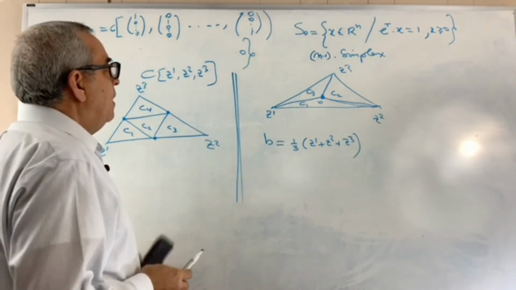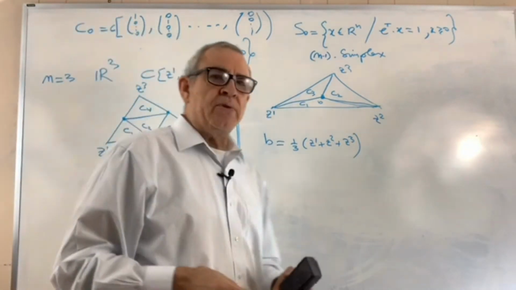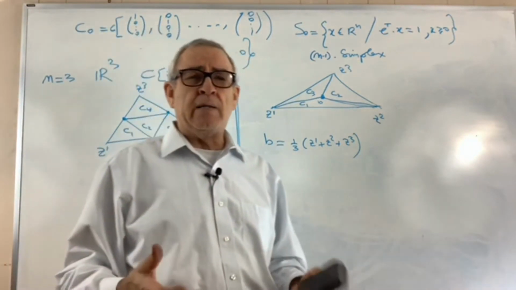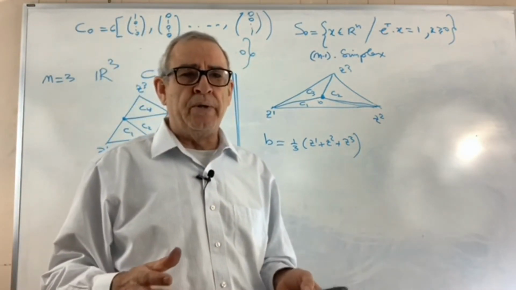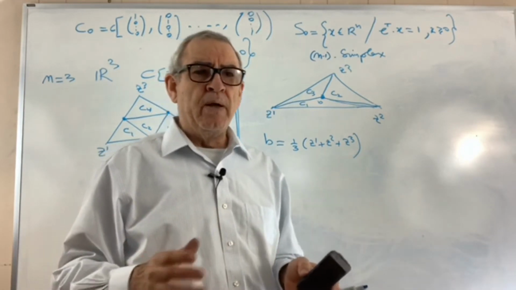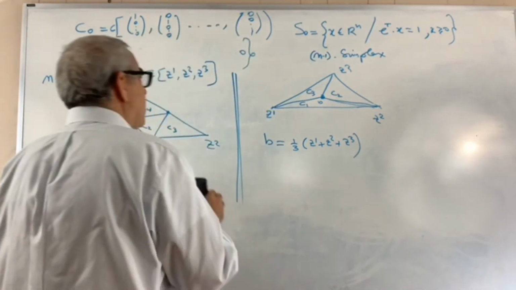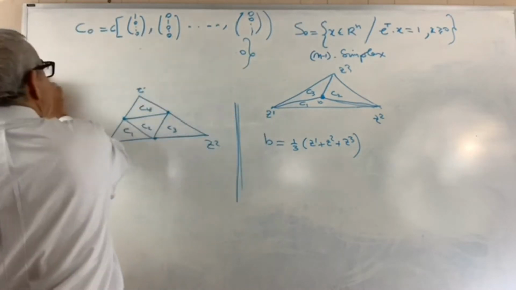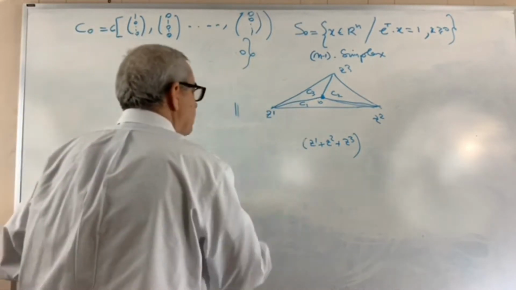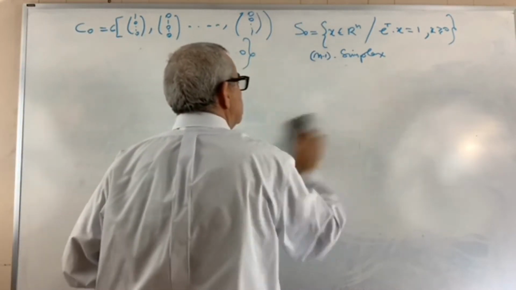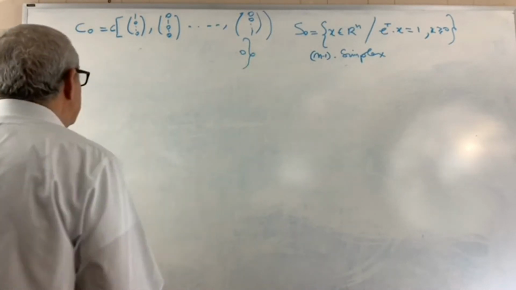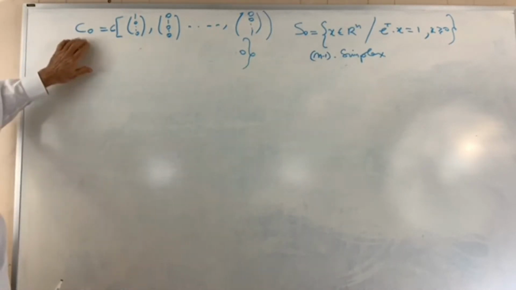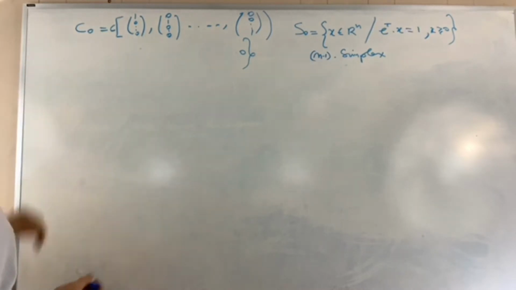Now, once we have a subdivision process in hand, so we know exactly how to subdivide a cone into multiple subcones, then we have an algorithm. So we start with this C0, that's our original cone.